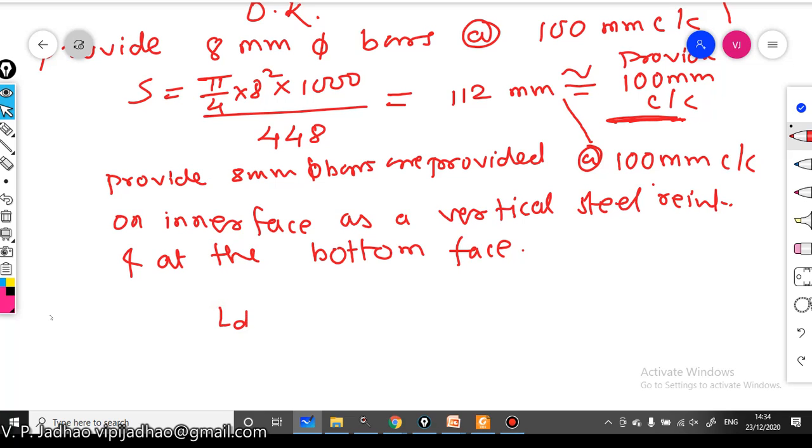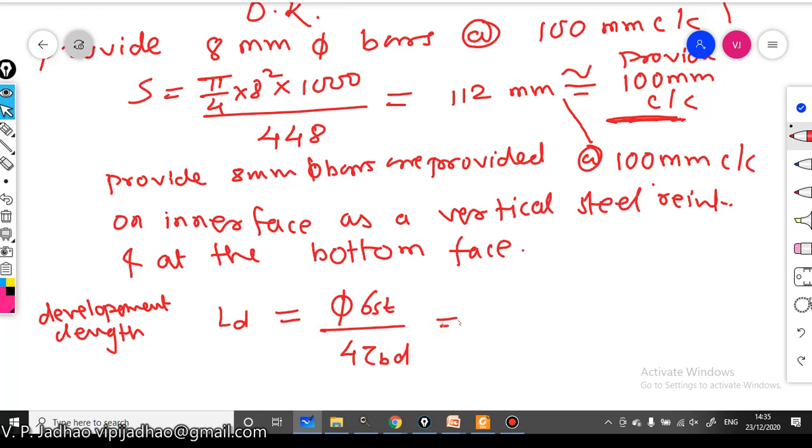The formula for calculating development length: LD is equal to phi sigma st divided by 4 tau BD. We know the diameter of bar, that is 8 mm. Sigma st is 130, divided by 4 into tau BD. The value of tau BD is taken from clause 26.2.1 of IS 456.